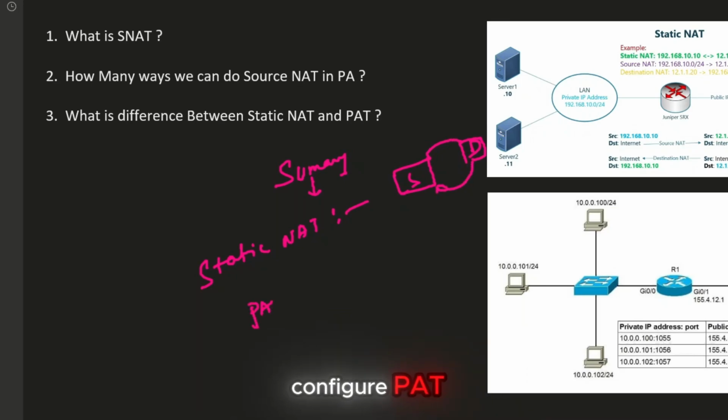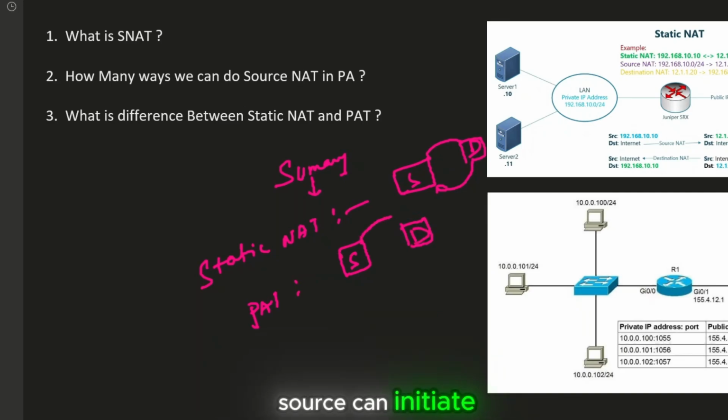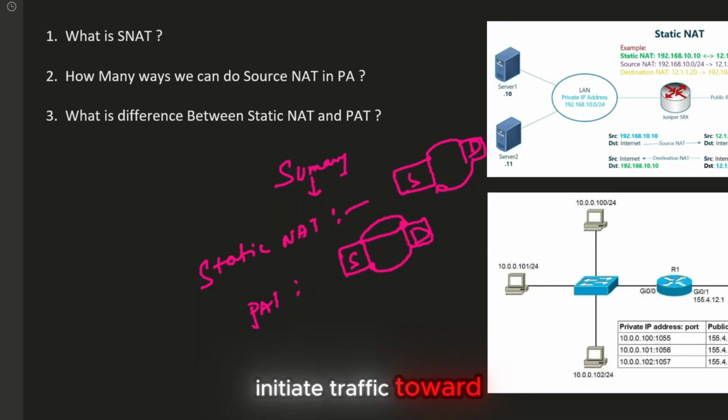But if you configure PAT, and you have a source and a destination, the source can initiate traffic to the destination and it can get the reply. But the destination cannot initiate traffic towards the source. It is not possible. So this is session 1, this is session 2, this is session 1, and this is not possible at all, right?